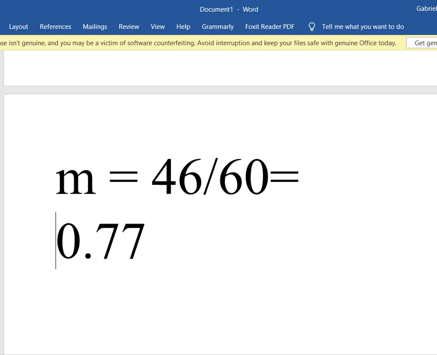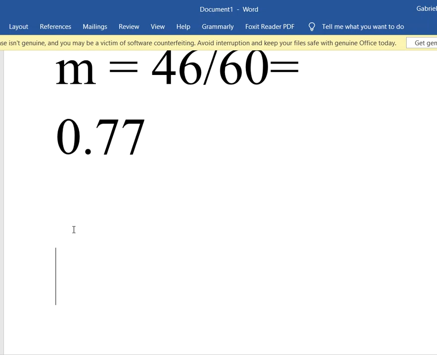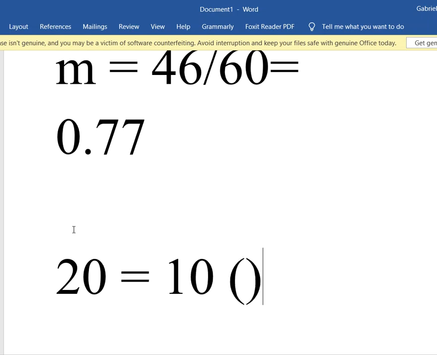I'll keep that, 0.77. Then when we substitute m into any of the equations, say the first equation, we're going to have 20 is equal to 10 times 0.77 plus c.